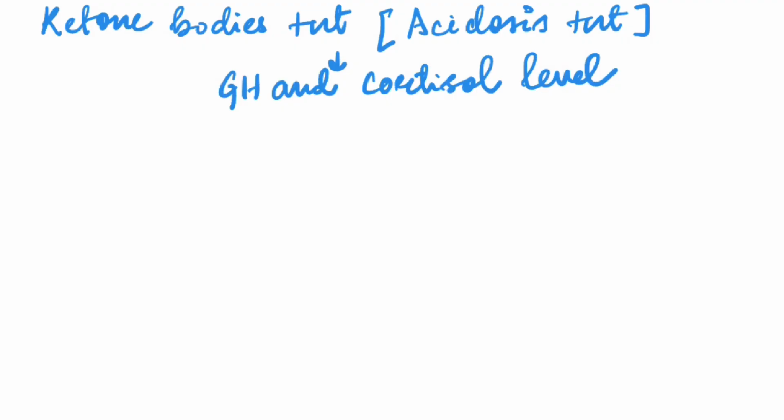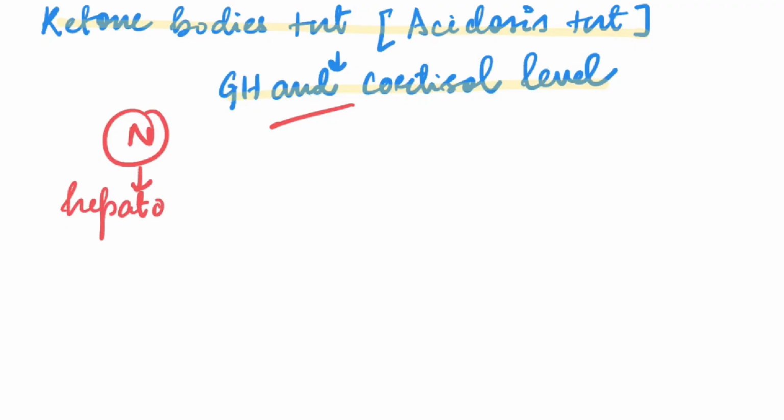Now, the next scenario is if the ketone bodies are present and acidosis is present, then the next investigation is growth hormone and cortisol level. If the levels are normal, then we see if hepatomegaly is present or not.